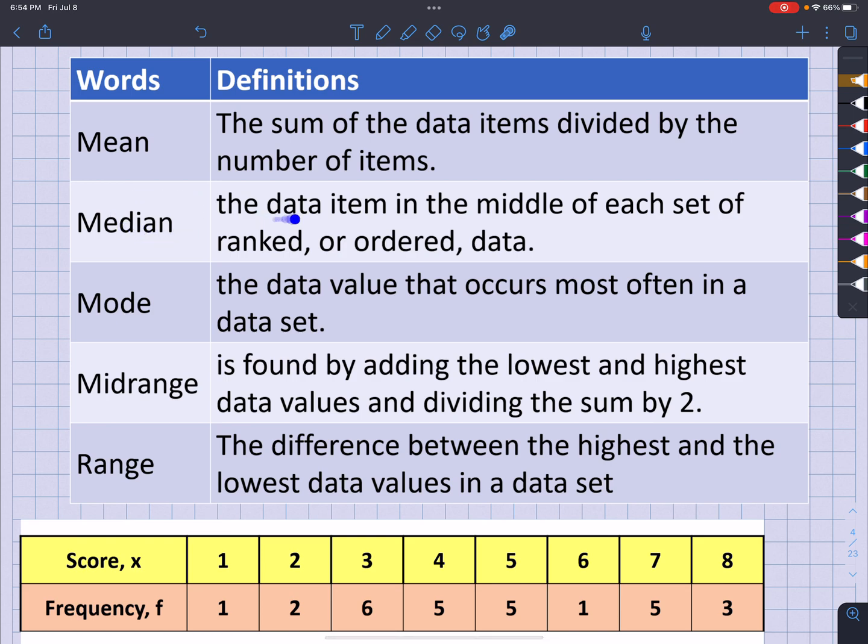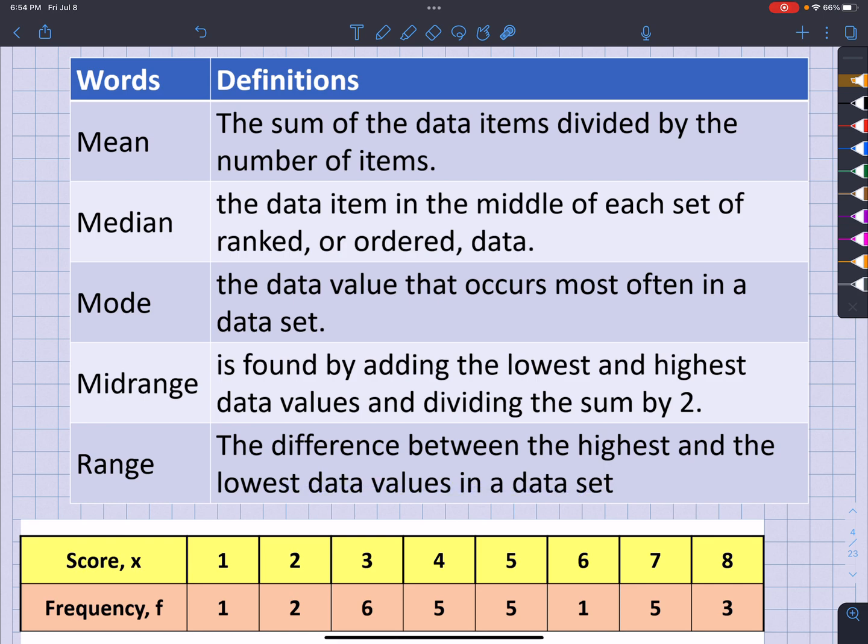Median is the data item in the middle of each set of ranked or ordered data. Mode is the one that occurs most often. Mid-range is found by adding the lowest and the highest and then dividing it by 2. And the range is just the difference between the highest and lowest data set.